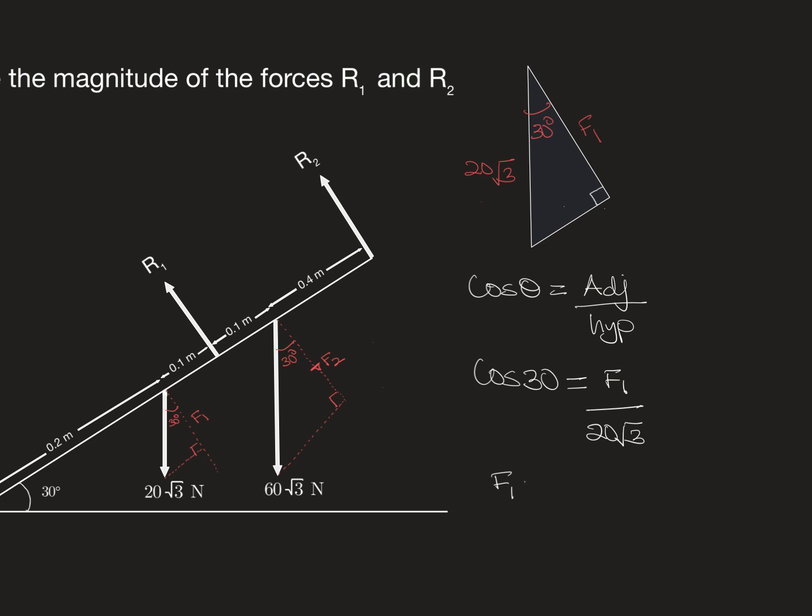So F1 will be 20 root 3 cos 30. And 20 root 3 cos 30 gives 30 newtons. So F1 is equal to 30 newtons. That is going to be the perpendicular force after we have resolved 20 root 3 newtons.